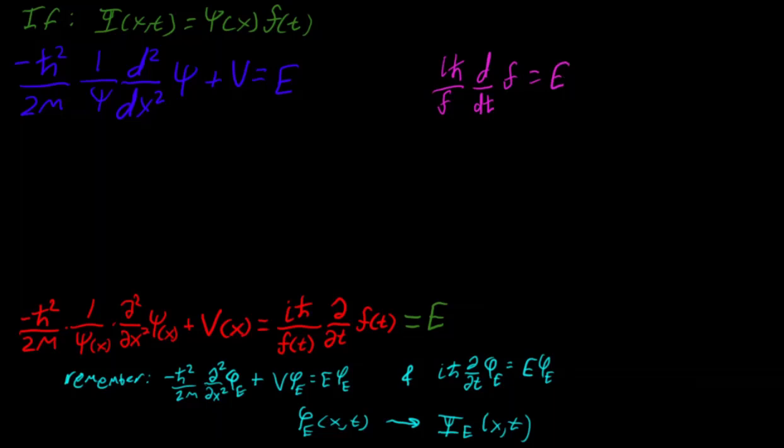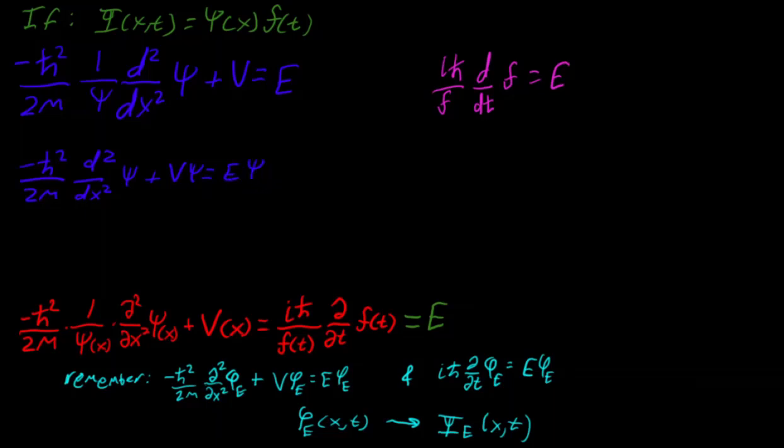Okay, so I'm going to start with this blue equation because there's less we can do with it. First thing I'm going to do is multiply everything by psi. Negative h bar squared over 2m d squared by dx squared psi plus V psi equals E psi.